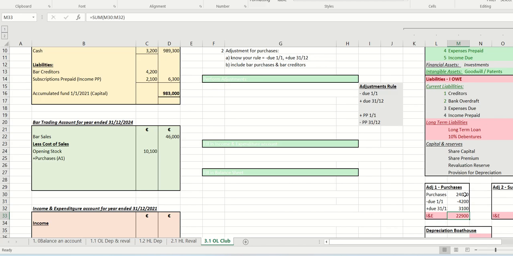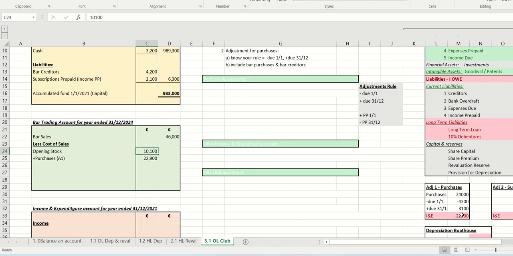So I have to take that off because it belongs to last year. And then I have to add on the 3,100 because that belongs to this year, even if I haven't paid it. So income and expenditure is the cost that relates to purchases this year, regardless of whether it's paid or not. Whereas receipts and payments has just the paid number. They're both important, but they're used for different things. So 22,900 is our number for purchases.